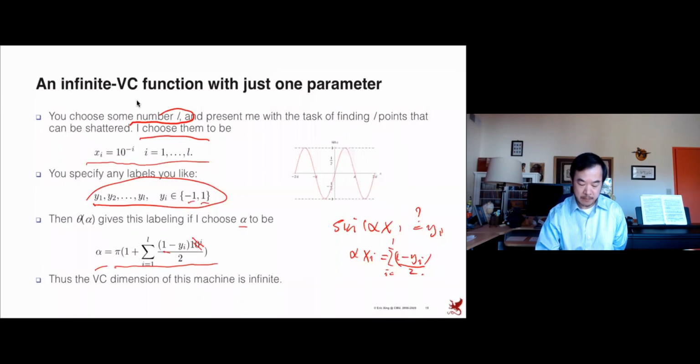If it's +1, then this term is eliminated and you are left with a 1 pi. If it is -1, then this leads to 1/2, and that leads you to the other sign of the sinusoid function. So you can convince yourself after some little algebra, after the class, that all the y's can be recovered for each of the x_i by plugging into this equation.